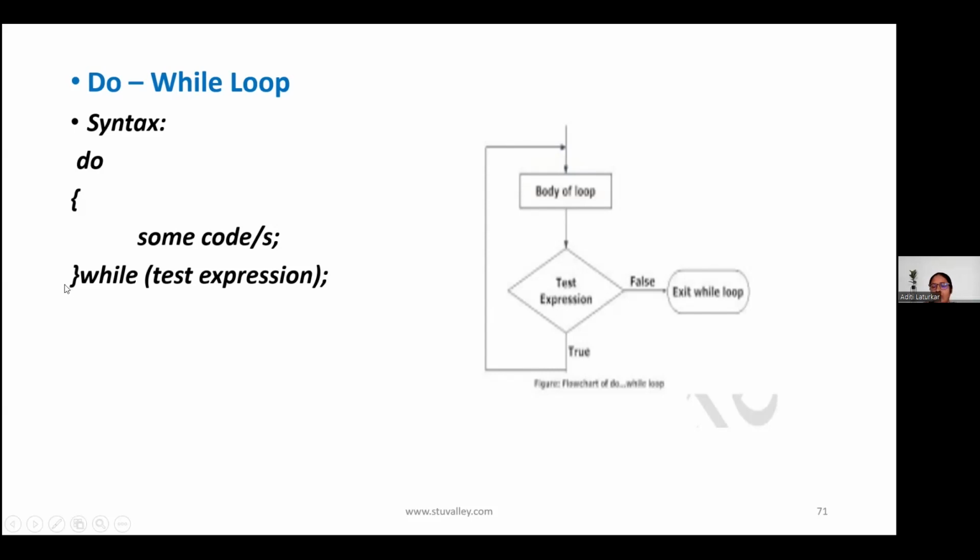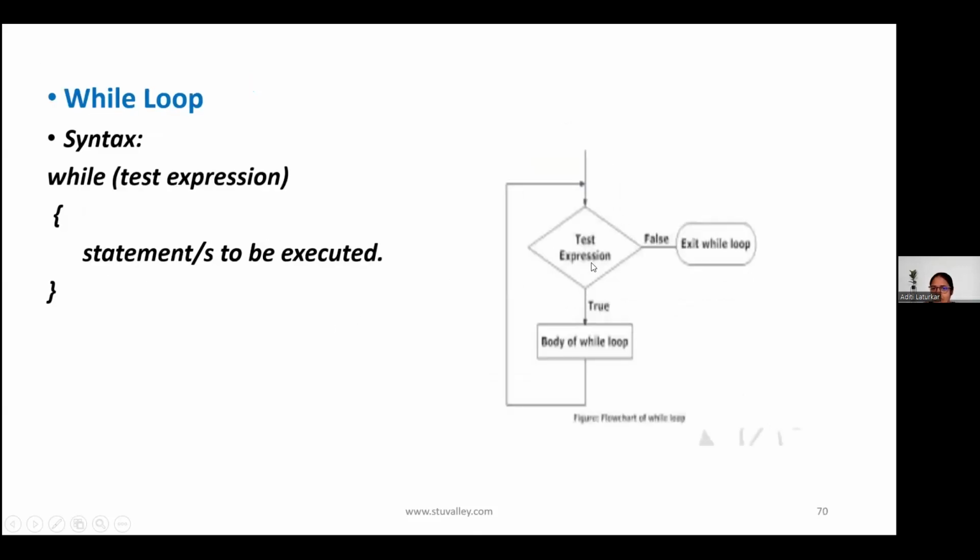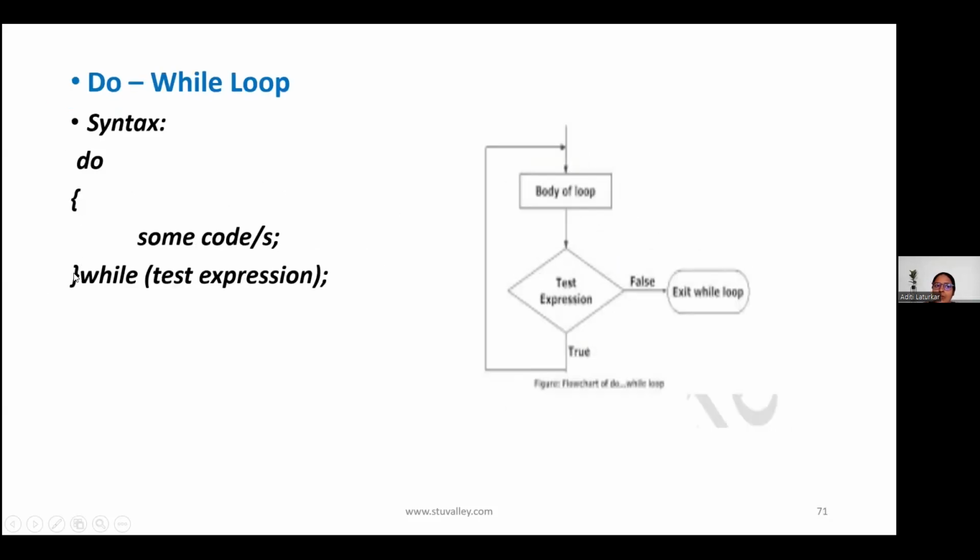The difference between while and do while is that the while statement always checks the condition first and then executes the body of the loop. But in the do while loop, the do statement gets executed first and then the condition gets checked. So whether to execute the loop statements the next time depends totally on the while test expression.